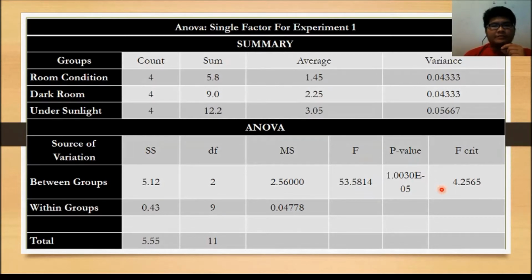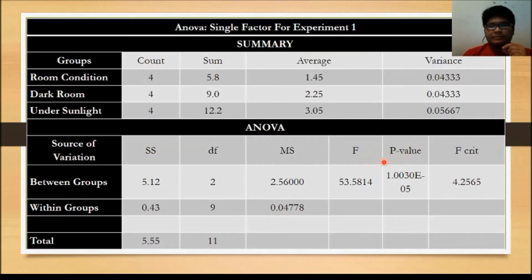For experiment 1, the null hypothesis is that the means of all the respective groups are equal. But here we can see that the F critical is lower than the F ratio. So from this calculation we can deduce that the null hypothesis for this experiment is rejected.